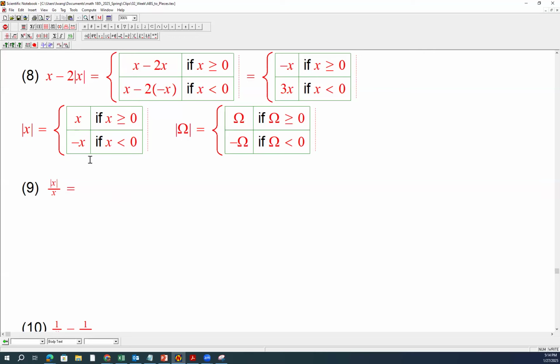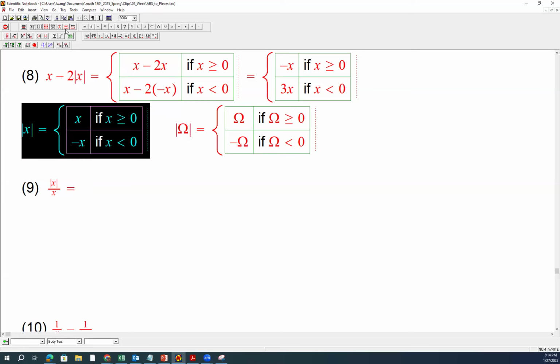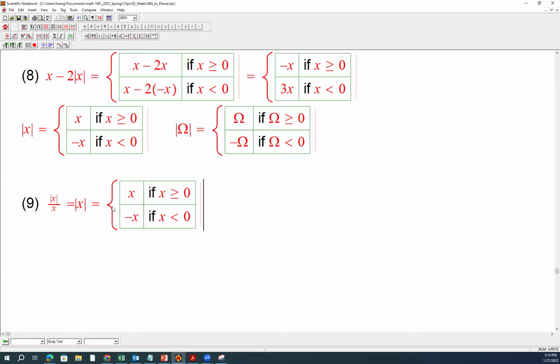So we're going to take the whole of it, that's x, divided by x. So this will be divided by x, and this will be divided by x. Also notice the domain cannot be 0 anymore.